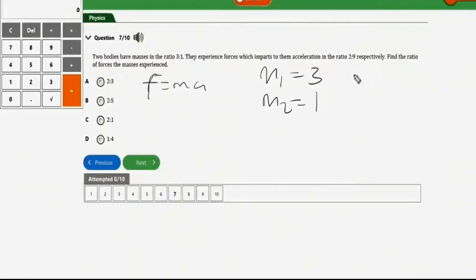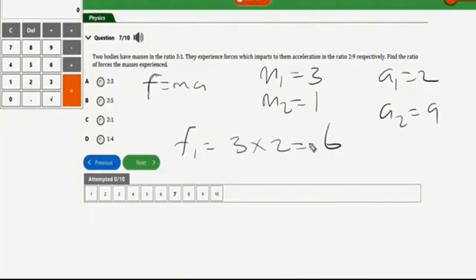The first acceleration is 2, and the second acceleration is 9. Now, to find the ratio of forces the masses experienced, the force of the first mass will be 3 times 2, which will give you 6.